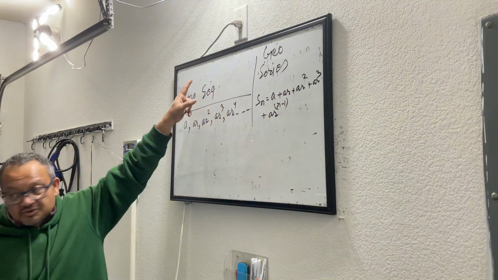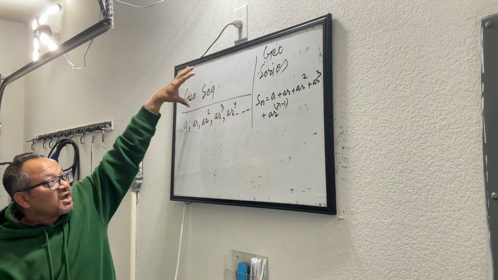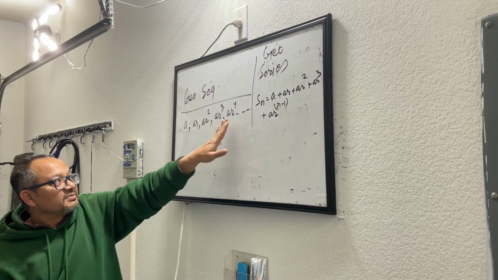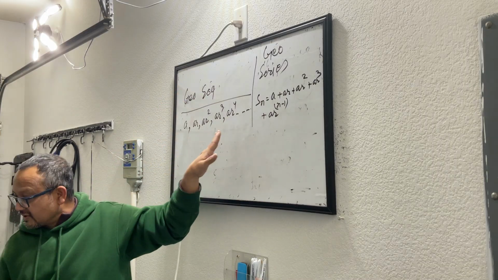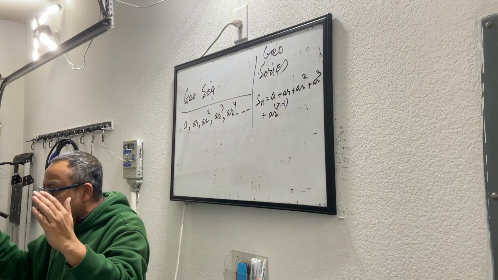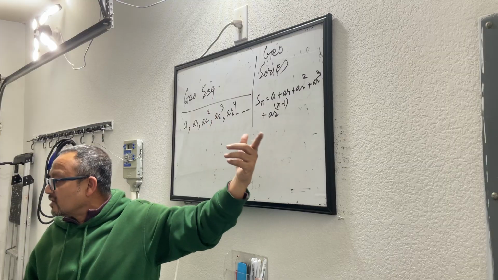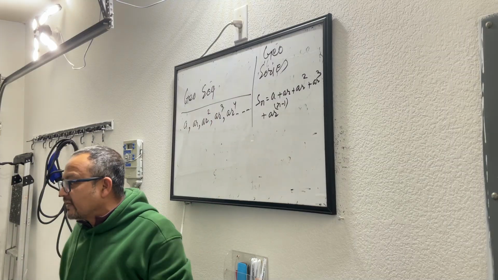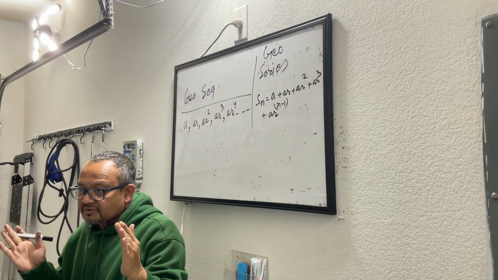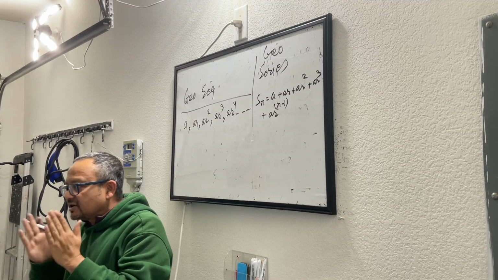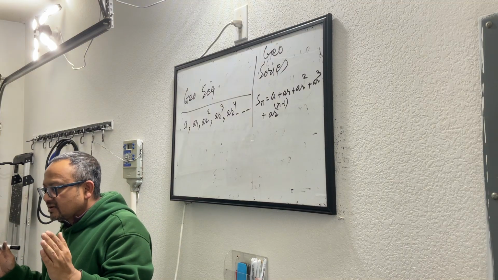So again, just to be clear about it, when you're talking about the number of terms and the relationship among them, this is called geometric sequence, which represents a set of numbers that you're dealing with. Geometric series represents the sum of all the terms. They might say, find out the geometric series for the first 5 terms of the sequence. Find out the geometric series of the first 20 terms of the sequence. Okay?